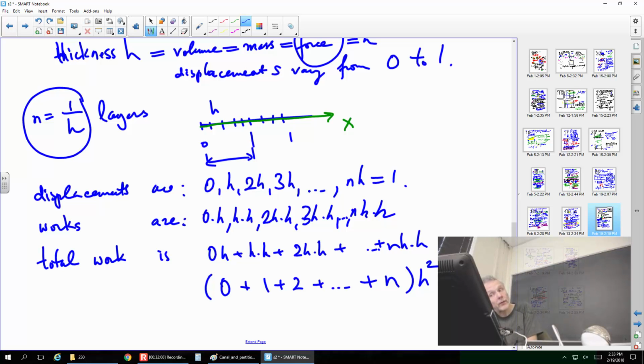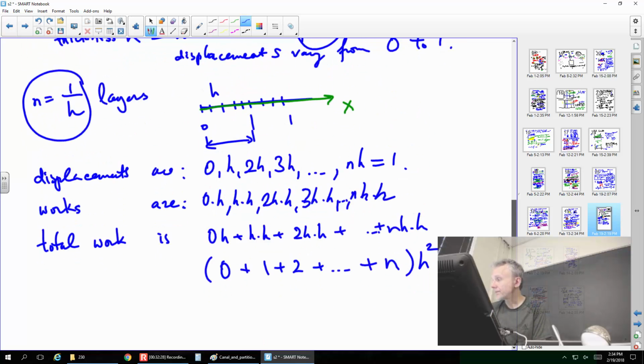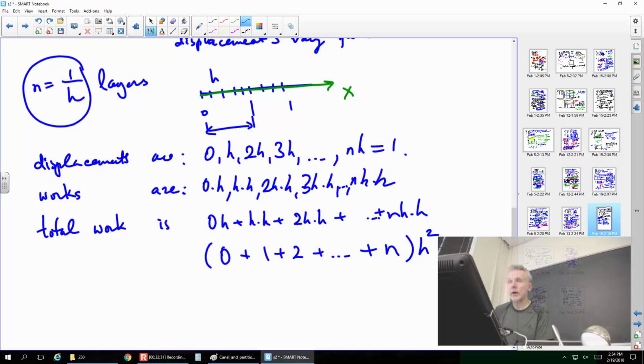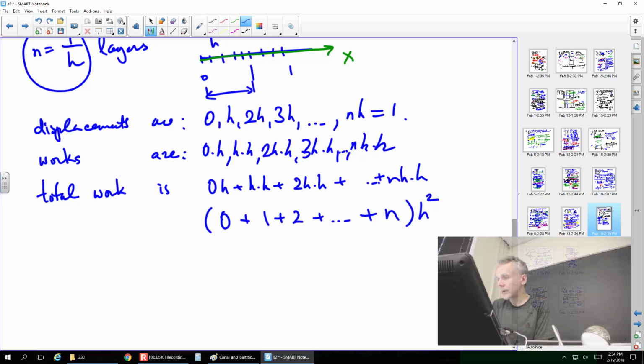But whatever we're producing is not the total work, but rather a total of approximated work, because we sliced arbitrarily our tank into those layers, and that's why we have to take a limit eventually at some point. At this time, n is equal to 1 over h. Okay, let me try to continue this and finish in this manner.